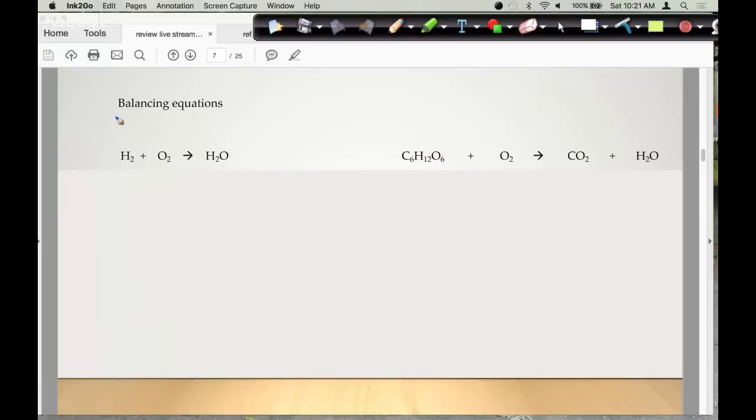The next thing that was asked for me to go over would be balancing equations. What I like to do is inspect and see how many atoms of each type are on each side first. The reason we need to balance equations is because of the laws of conservation of matter.